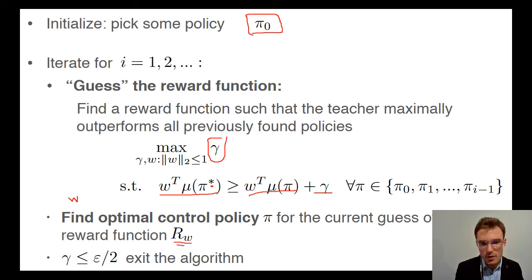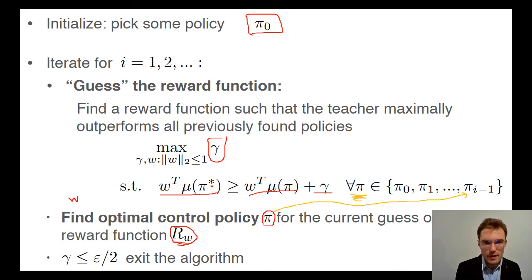And then we apply the model-free algorithm, the Q-learning, and we get a new pi, which is optimal for the current R_W. And what we do is this pi, we add it, so it's an append, a push back to the set, and we enrich our collection of candidates.